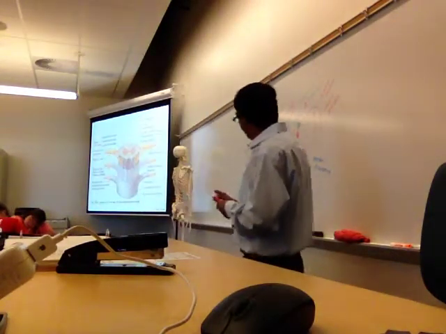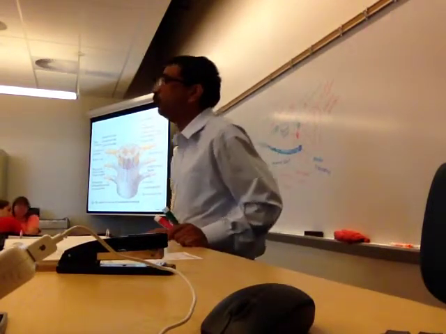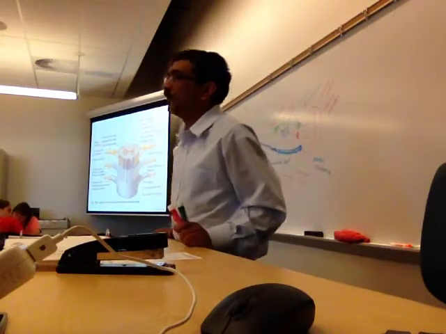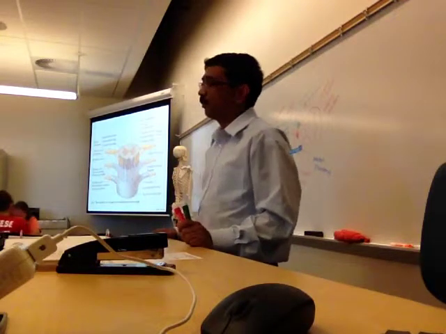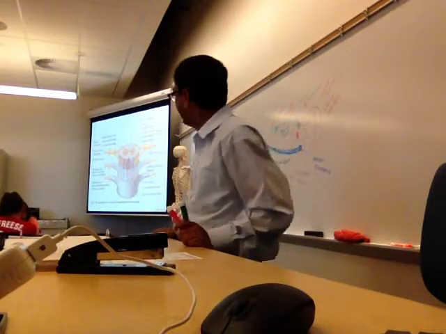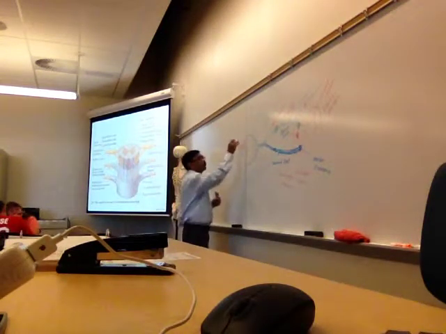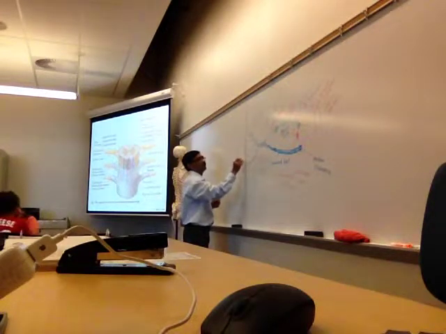So the spinal nerve will divide and will form two rami. And in both rami, you will find both sensory and motor fibers. Okay? And then the rami will enter into the body.